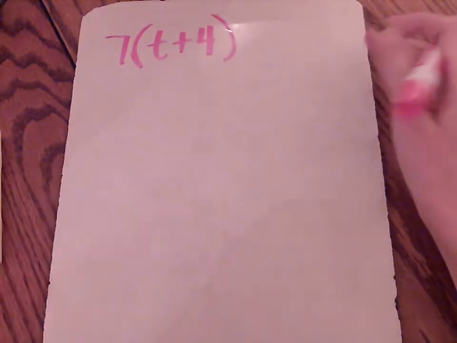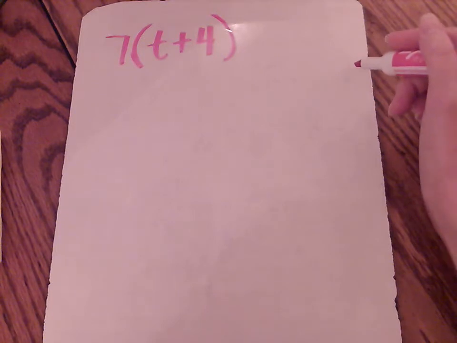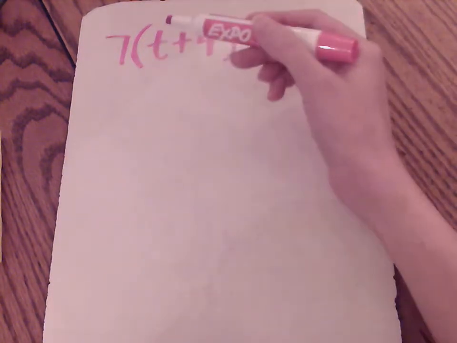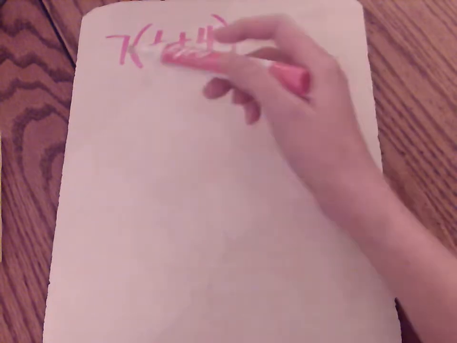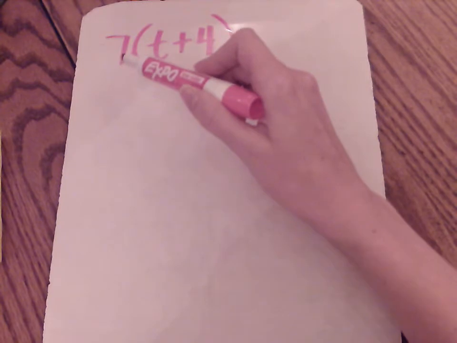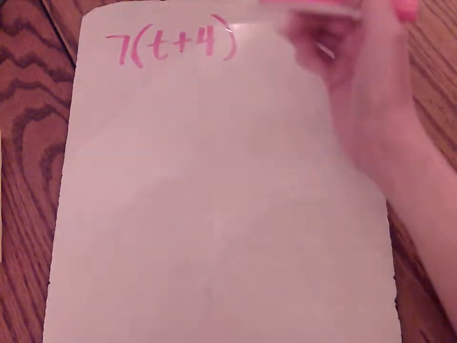All right. Now, remember, don't let those variables intimidate you. And we're still doing the same process that we would do if this variable were, say, 2 or any other number. Okay? We're still taking this outside number and distributing it, aka multiplying it by each term or number on the inside.